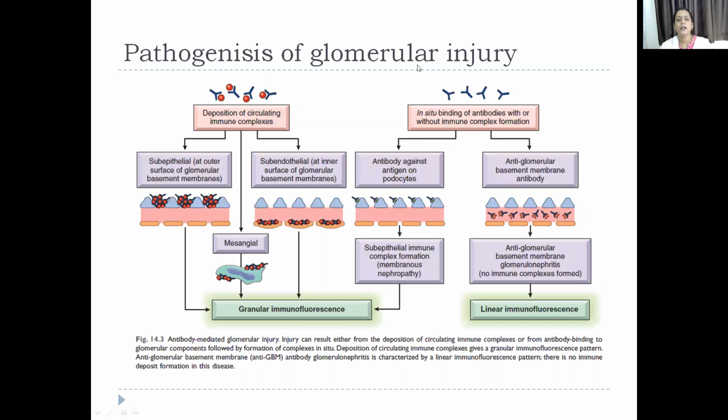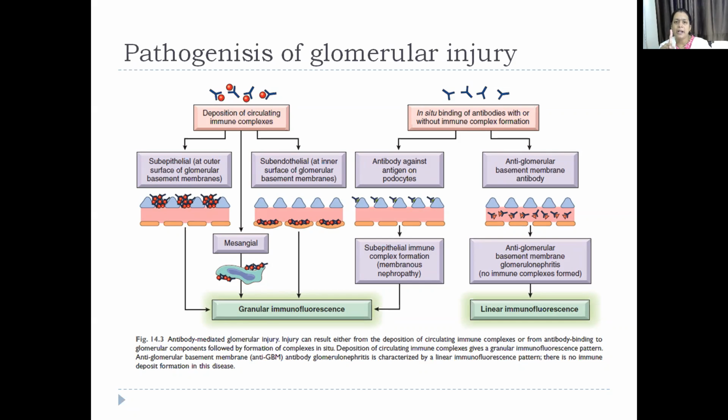So coming to the pathogenesis of glomerular injury. Whenever there is an injury, the body reacts in such a way, it has some defense mechanisms. These defense mechanisms are either cell mediated or antibody mediated. I'll tell you first the antibody mediated ones.